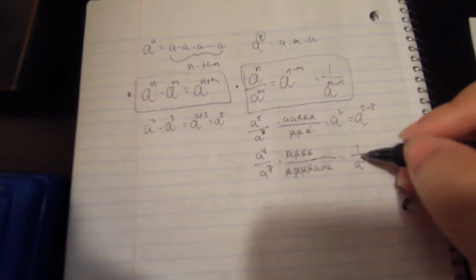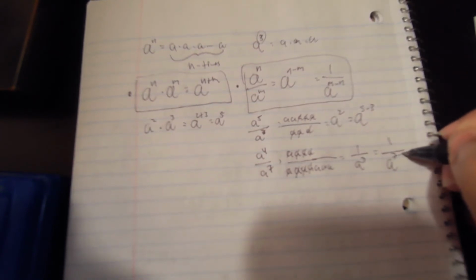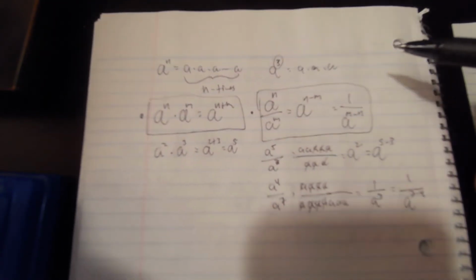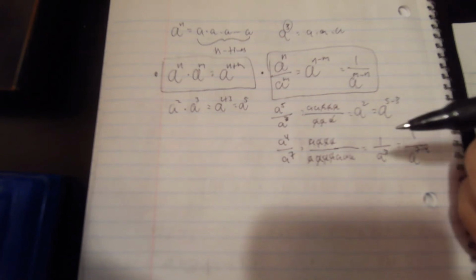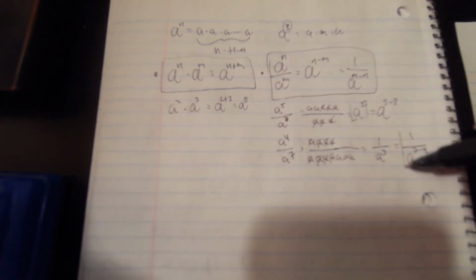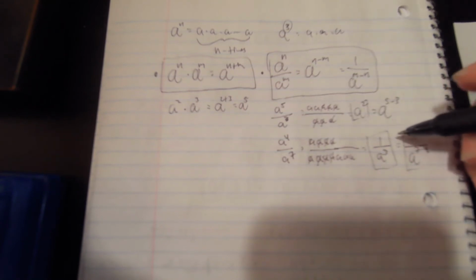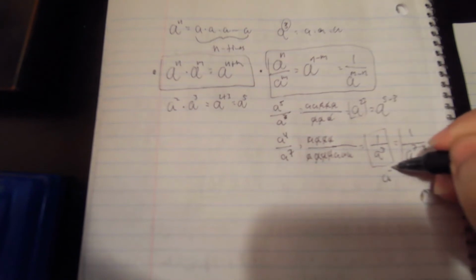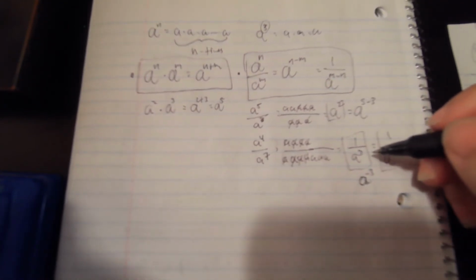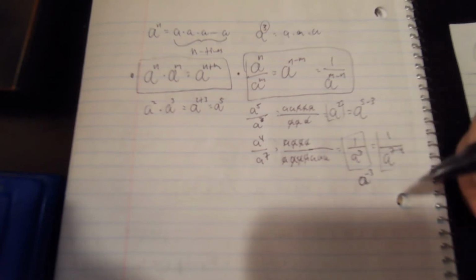Notice that 1 over a to the power 3 also happens to be a to the power 4 minus 7. It's not a coincidence, it's this rule. Your teacher usually wants your powers to be positive, though you could say your answer is a to the power negative 3, and that would be okay. But for some reason some teachers tell you your powers have to be presented as positive powers.